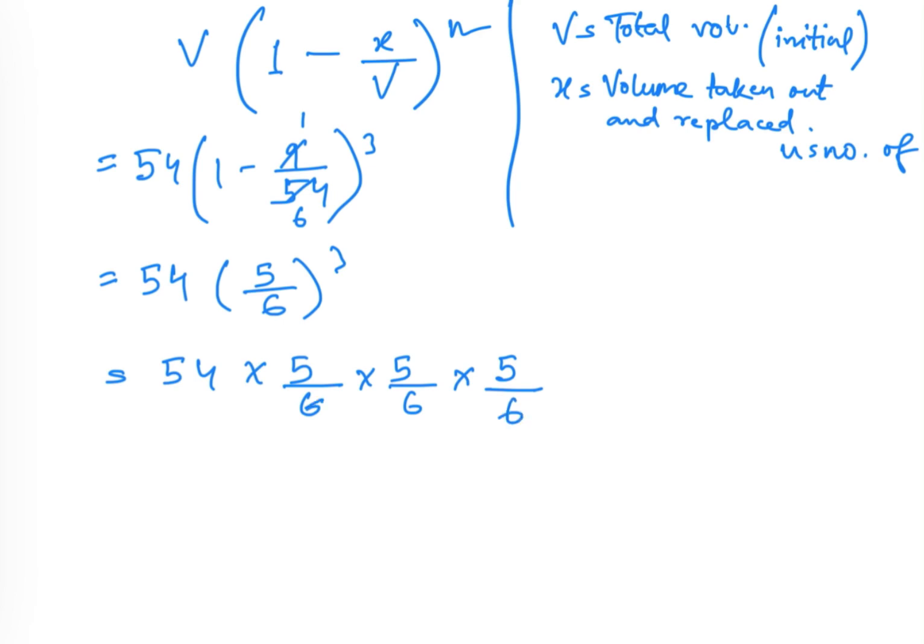We can simplify further. 9 is 3 into 3, it will be 2 into 2. So it will be 125 by 4. We can do the rough work here.